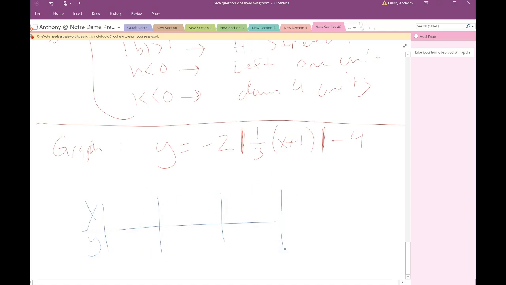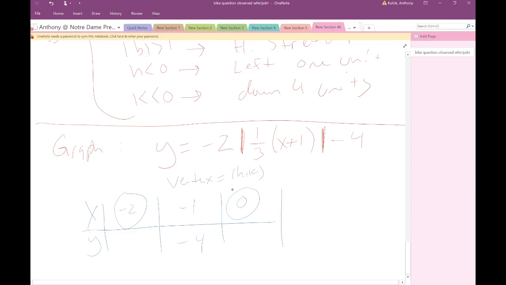What should be the middle point of my 3-point xy table? It's the vertex. And the vertex is what values? That's h and k, so -1, -4. Good. And then I'm just going to pick a value less than -1 and a value greater than -1. So maybe I pick -2 and 0, just nice, obvious choices.